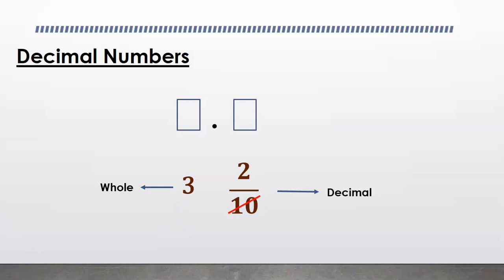After that, I'll start from the right and put 2, the numerator, as the decimal part, and the whole is 3.